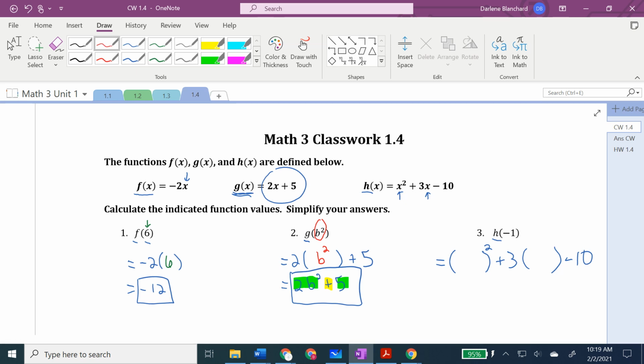I left a parentheses everywhere that the variable was located, and now I'm going to take -1 and put it inside of every one of those parentheses. Then doing the arithmetic, when I square -1, I'm multiplying -1 twice, giving me +1. 3 times -1, and then the minus 10, and that ends up giving me -12 altogether.